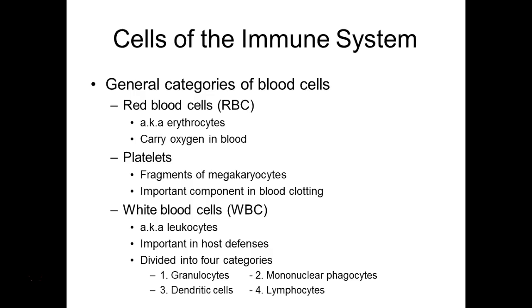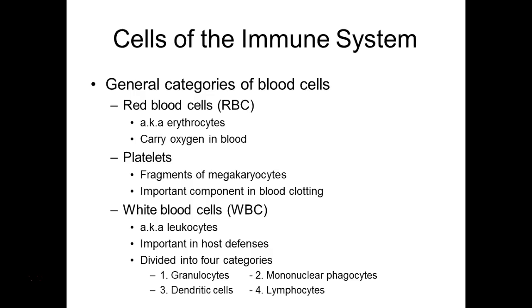So within the white blood cells, we have four major categories that we address. What we collectively refer to as granulocytes, mononuclear phagocytes, as the name implies, right? They have a single nucleus, and they eat stuff. They're phagocytic.